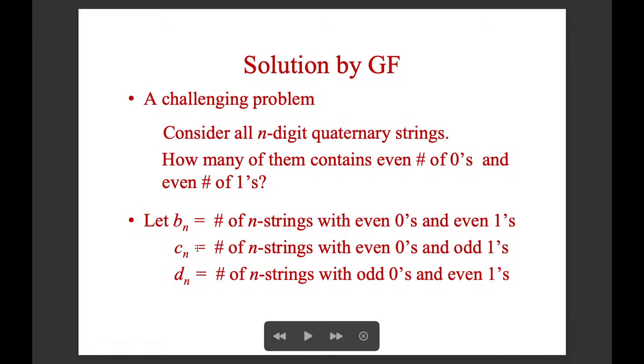Let's also do something more. We can also define C of n to be the number of strings with an even number of zeros and an odd number of ones, and similarly D of n to be the number of strings with an odd number of zeros and an even number of ones. Now what we are going to do is consider the generating function for Bn, the generating function for Cn, and the generating function for Dn together, and then use algebra to find the closed form for the generating function of Bn.